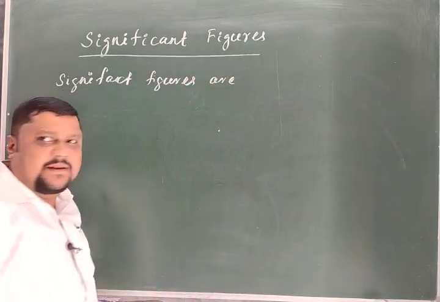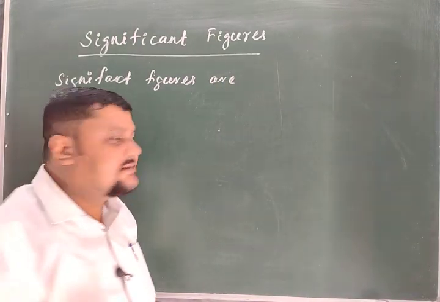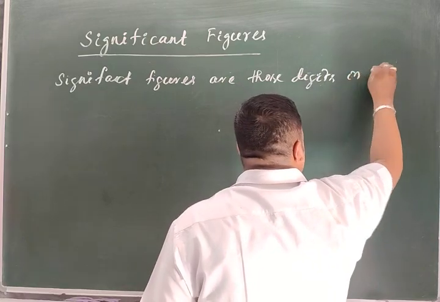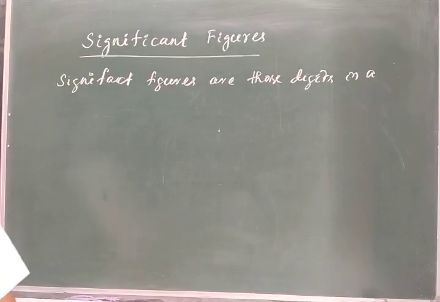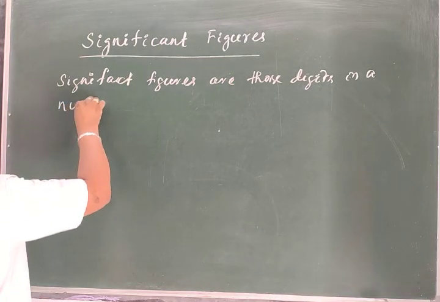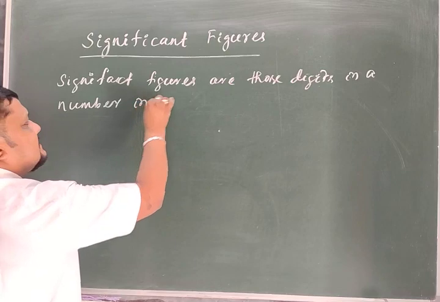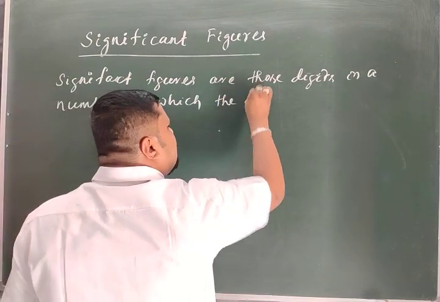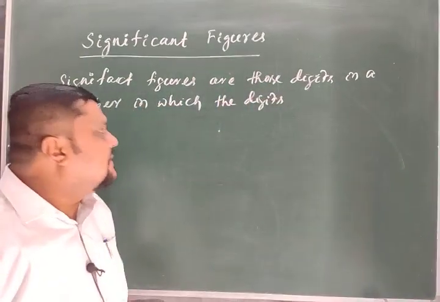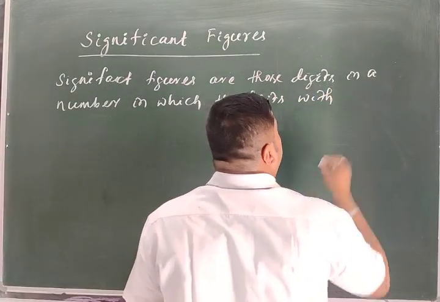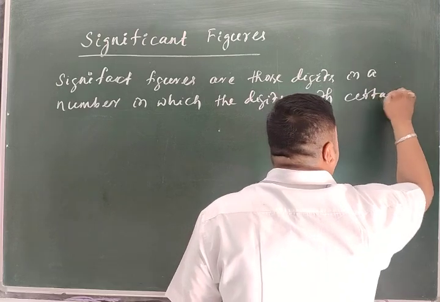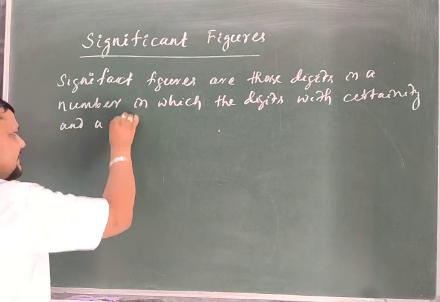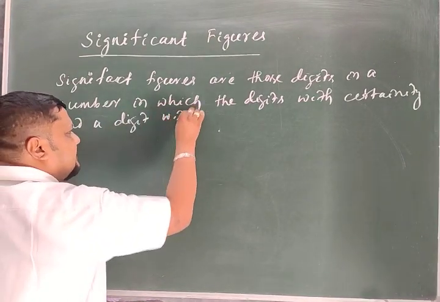Significant figures are those digits in a number in which the digits with certainty and a digit with uncertainty.